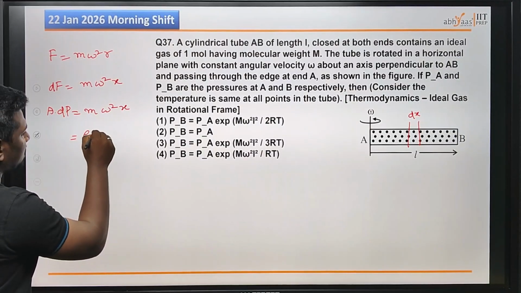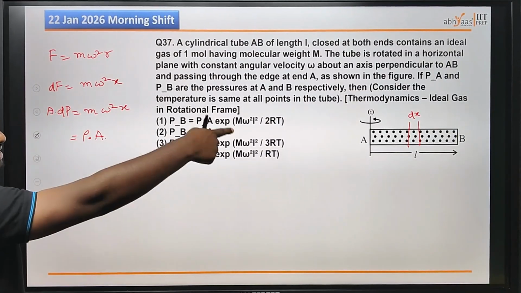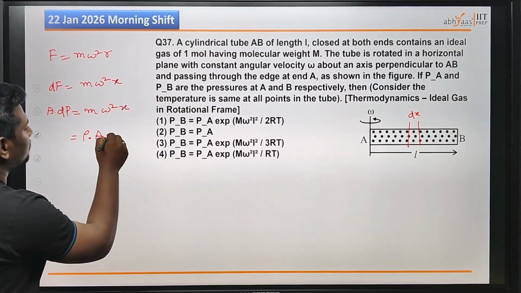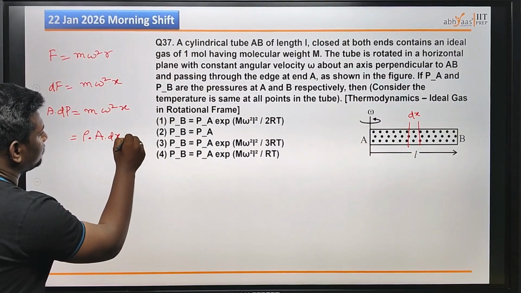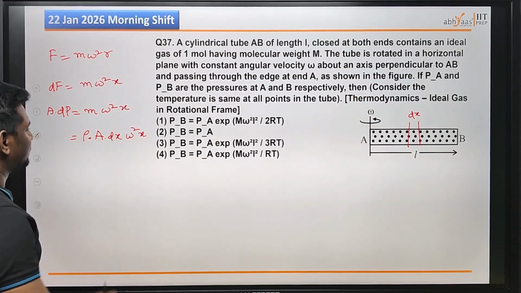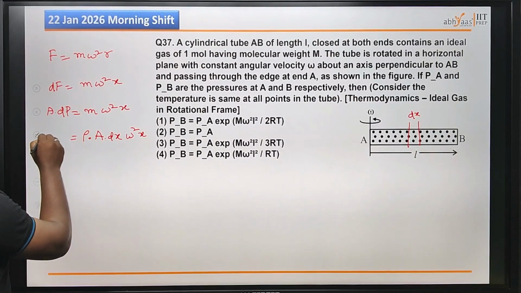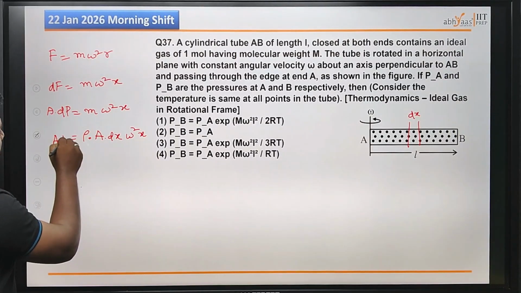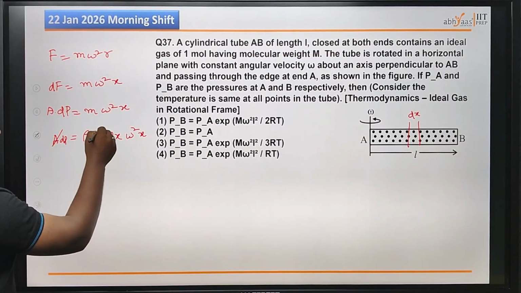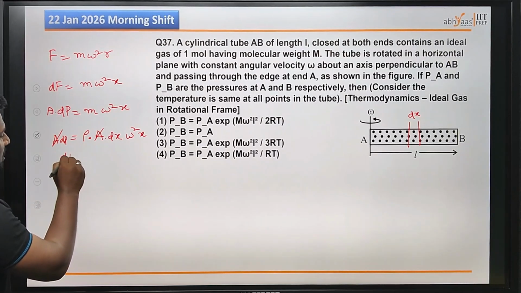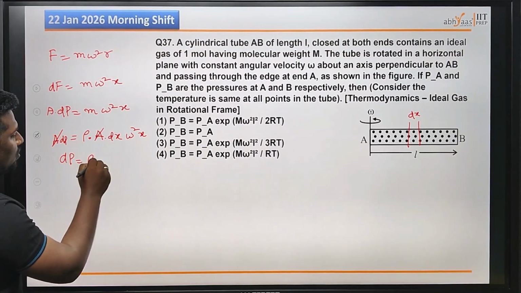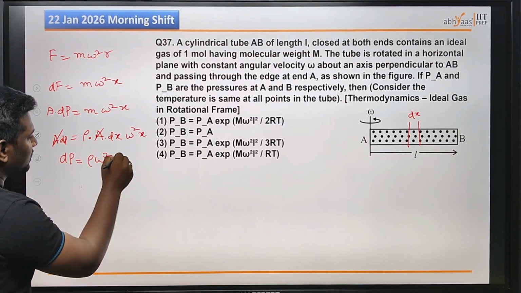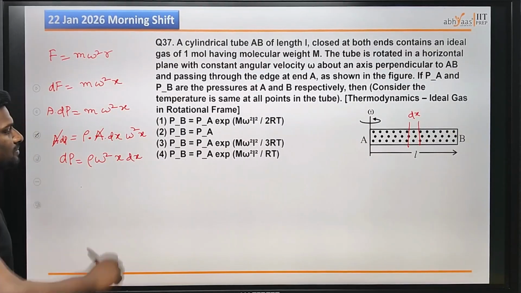What is the area? A. What is the length? We are taking dx. So A dP equals rho A dx omega square x. A gets cancelled, so dP can be written as rho omega square x dx.